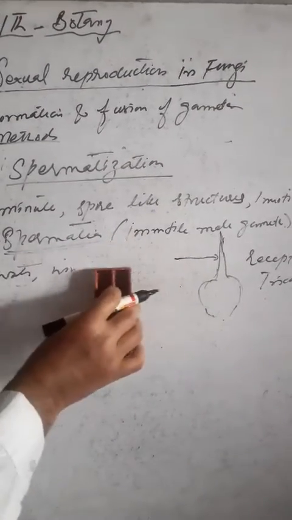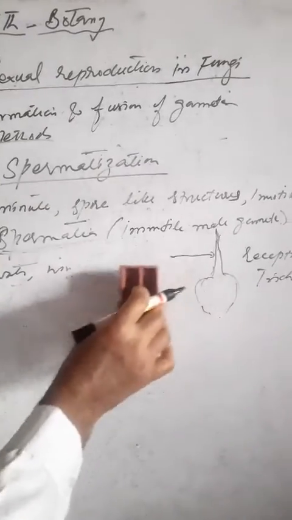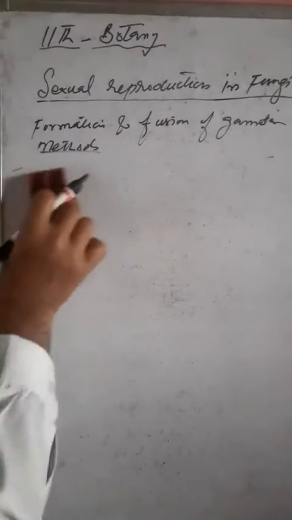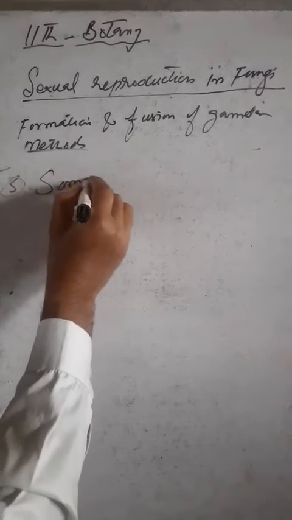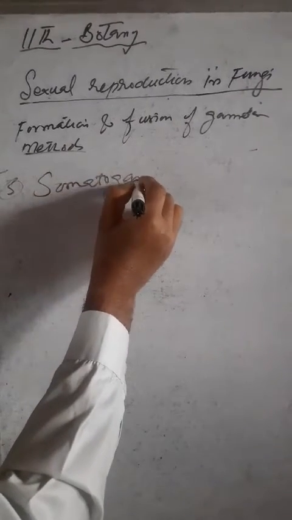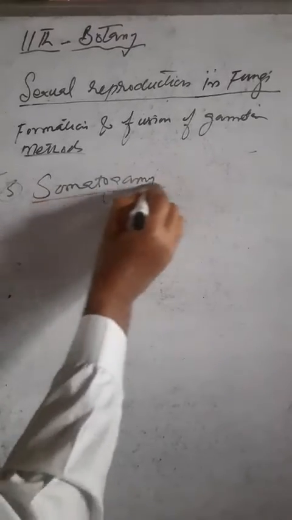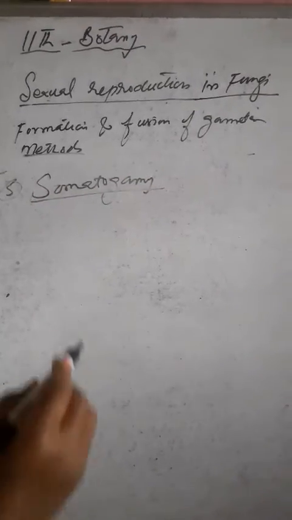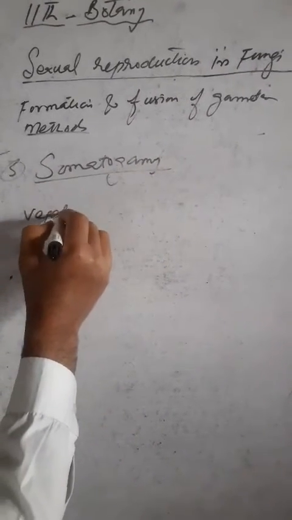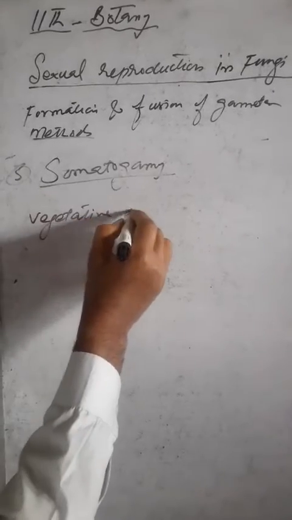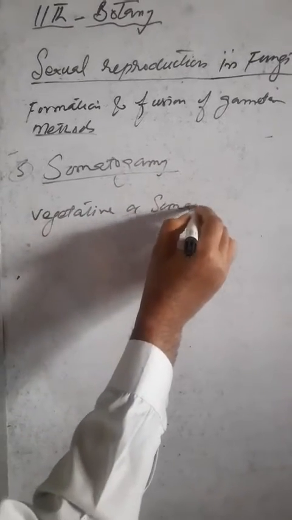And the fifth one is somatogamy. In somatogamy, what happens? The vegetative or somatic cells fuse.